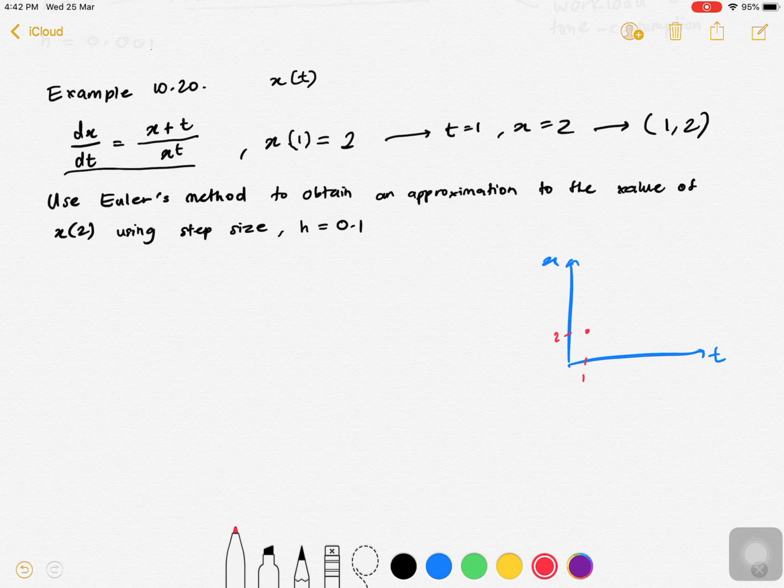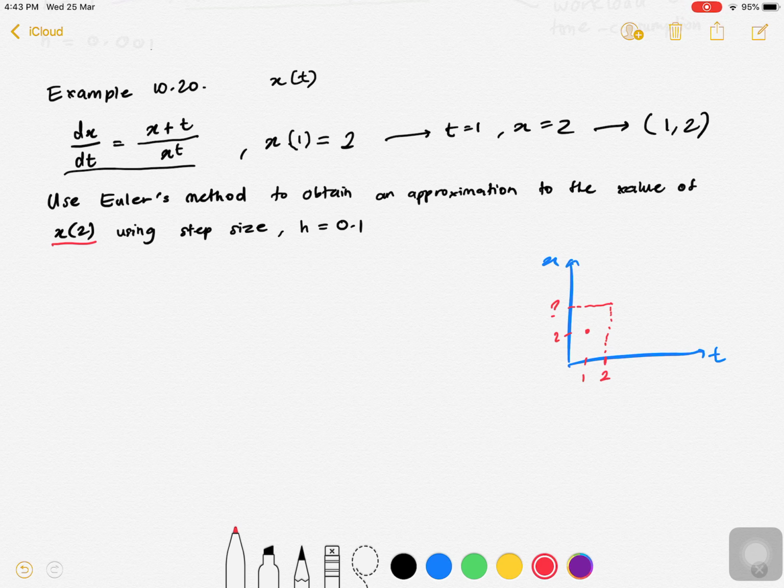What this question asks us is to find the value of x at t equal to 2. So when t is equal to 2 right here, we want to know what is the value of x.